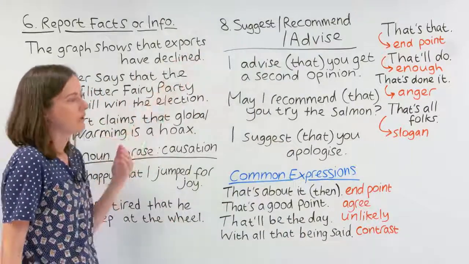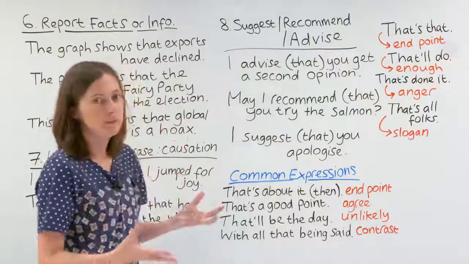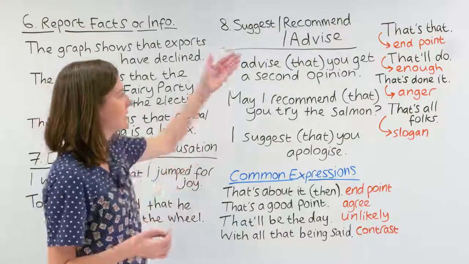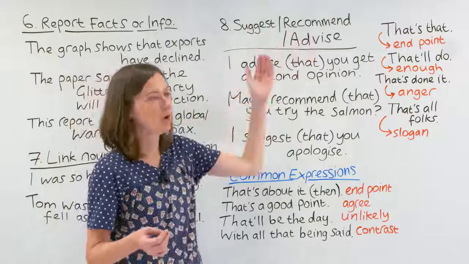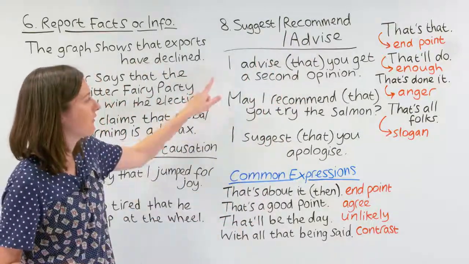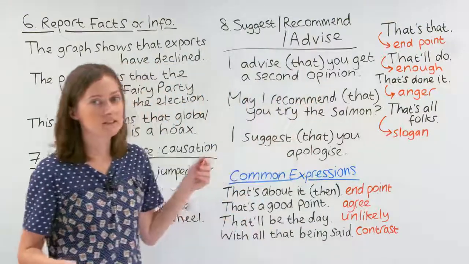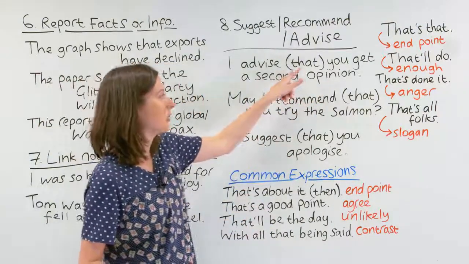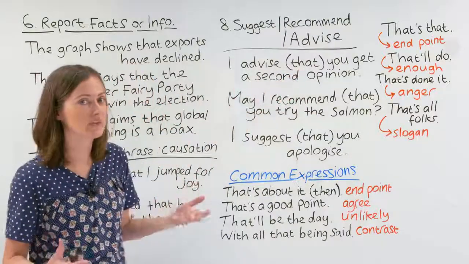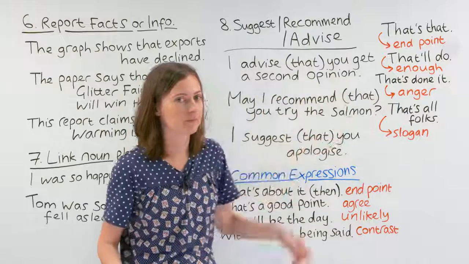Another time when we use that is for statements we make using suggest, recommend, or advise. Here are some examples. I advise that you get a second opinion. In this sentence, that is optional. I can also say, I advise you get a second opinion.